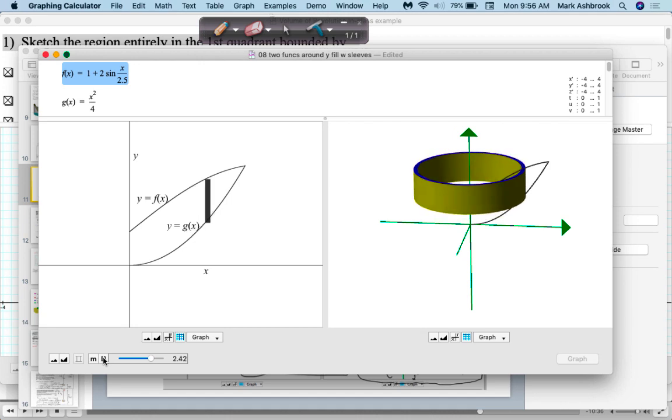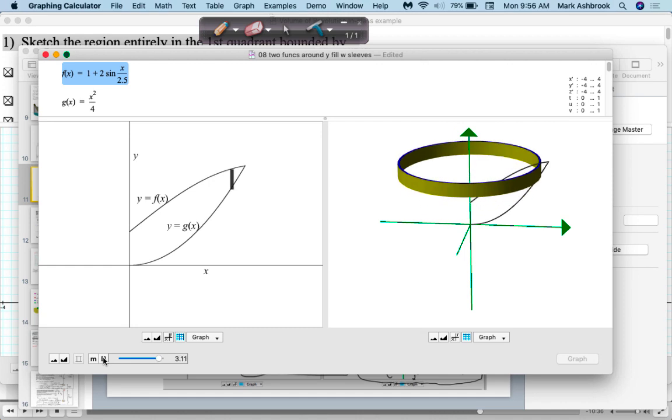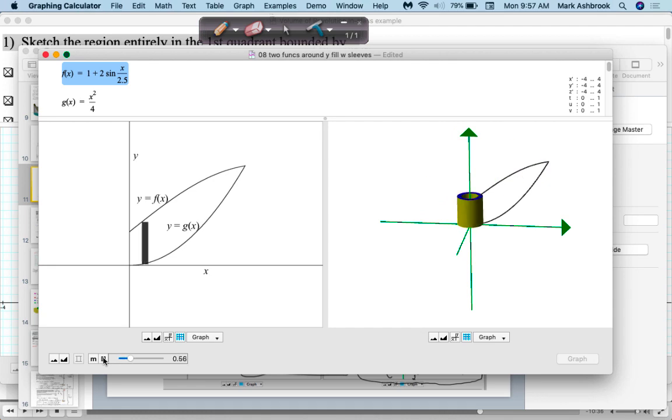Is this a different shell being filled or the same shell being filled? The shell, the empty shell. Different shell or same shell? Same shell, exact same shell. We're taking that region and rotating about the y-axis. It's the exact same empty shell.